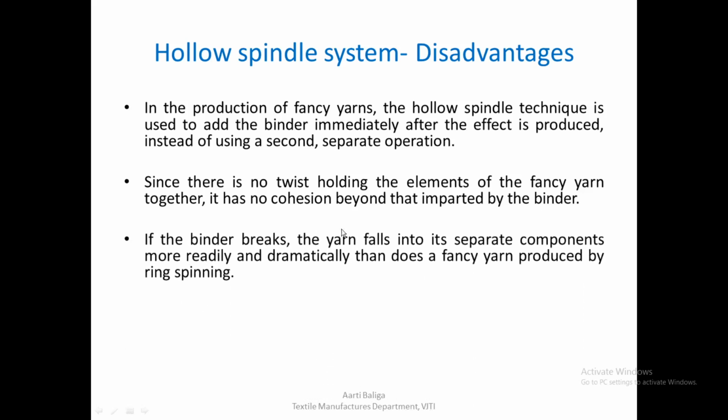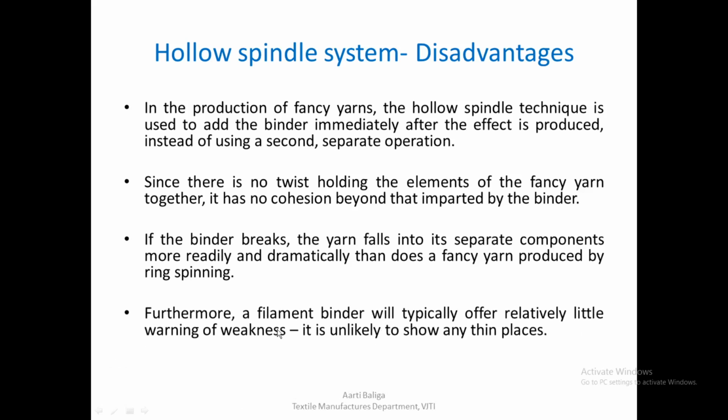If the binder breaks, the entire yarn falls apart into separate components more easily and dramatically than the fancy yarn that is produced by the earlier plying technique or the ring spinning technique. Furthermore, suppose we are using a filament binder.